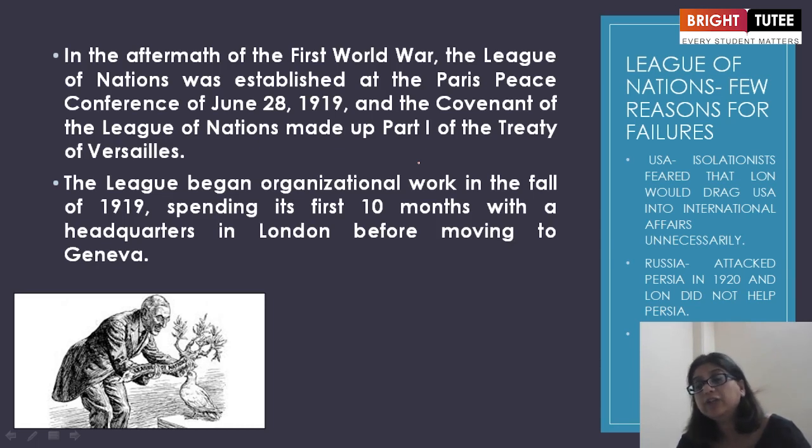A few reasons for the failure of the League of Nations were that the USA was isolationist and feared the League would drag the USA into international affairs unnecessarily. Russia attacked Persia in 1920 and the League did not help Persia. Also, any member could veto the decision.